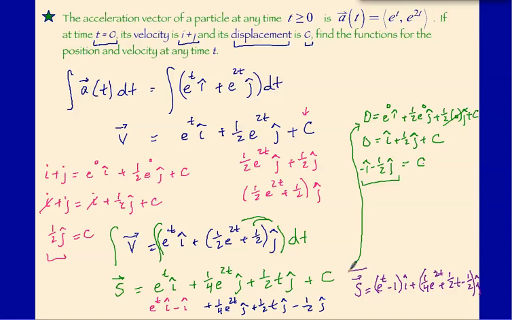Okay, so that's my position function. Hopefully you can see that little j over there. I'll rewrite the vector function since I messed it up when I put the integral symbols, but that was e to the t i hat plus 1/2 e to the 2t plus 1/2 j hat.